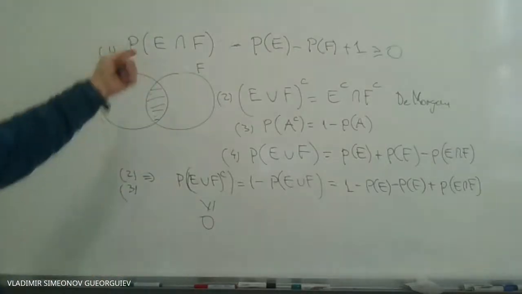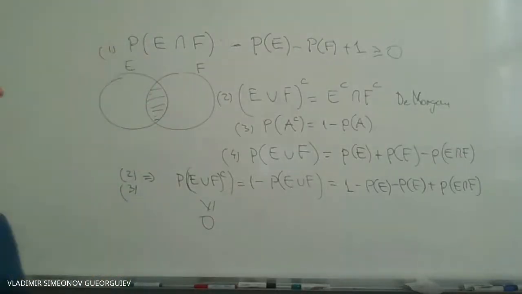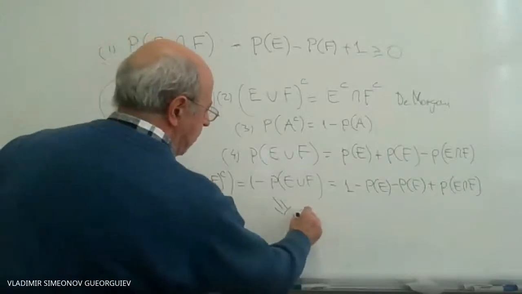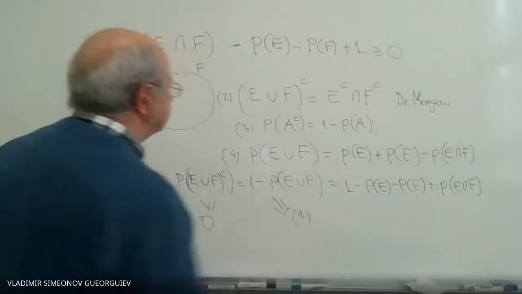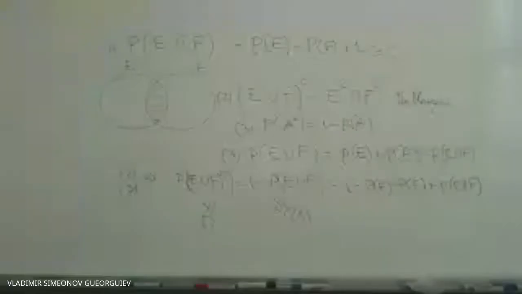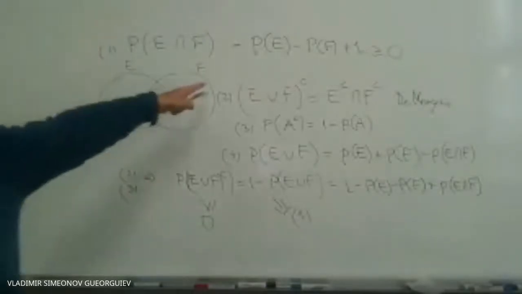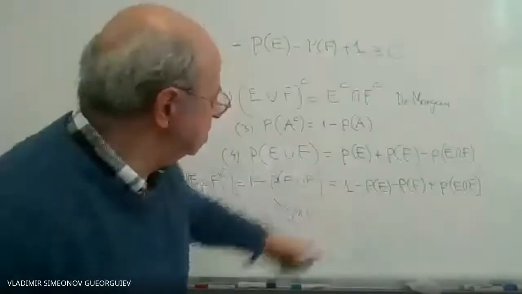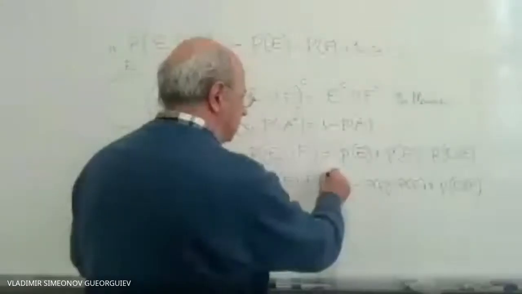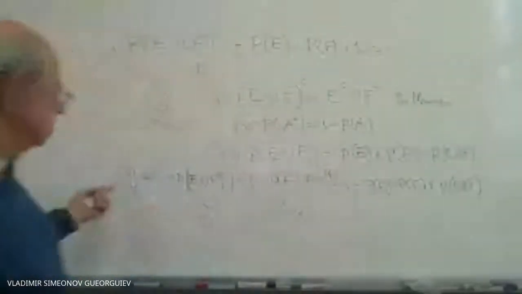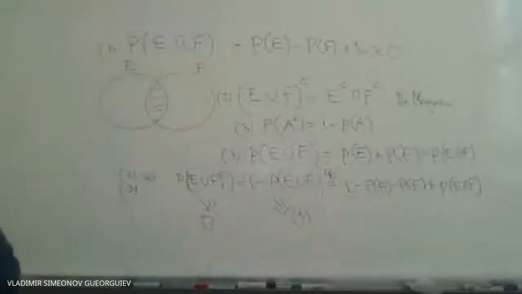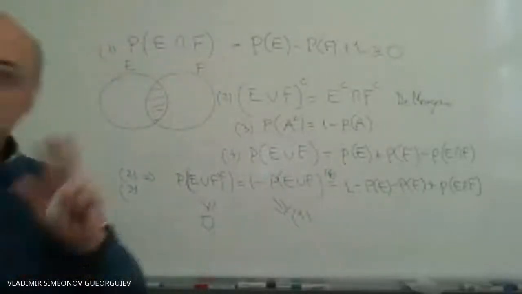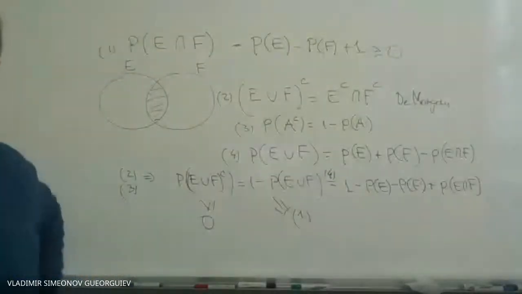And in this way, from this, we deduce 1. So 2 and 3 implied this relation. Here we use 4, and then we get 1. This is the solution of this more complicated problem 12.